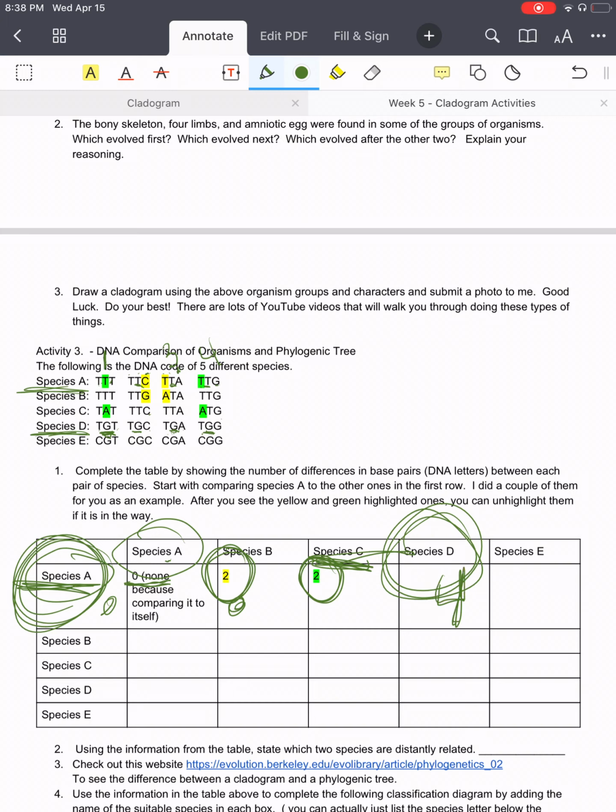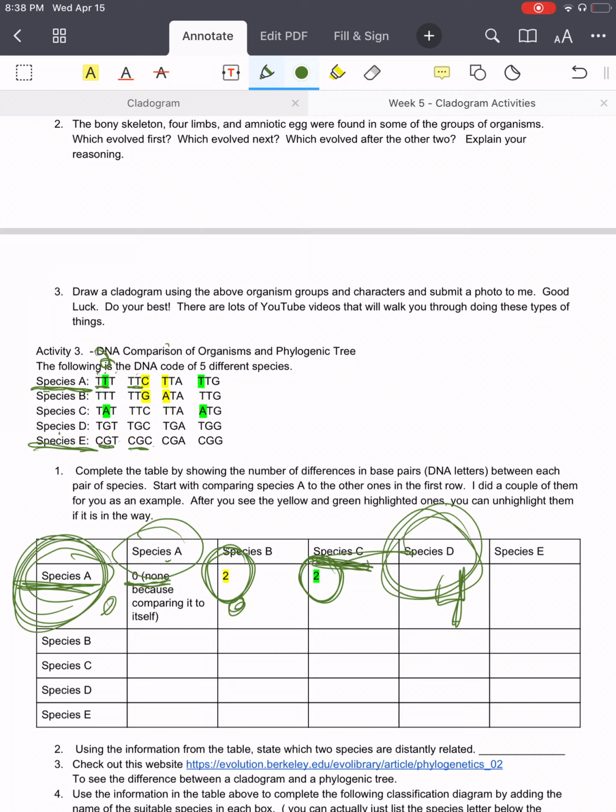And then A to E. T, T, T to C, G, T. Well, there's 2 differences right away. T to C and T to G. T, T, C to C, G, C. That's not the same.